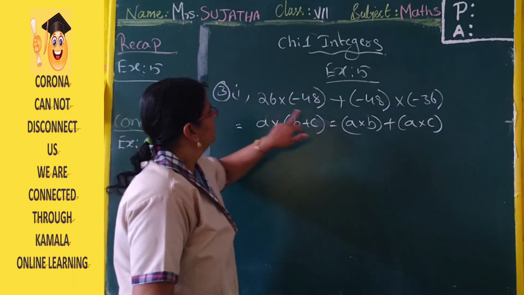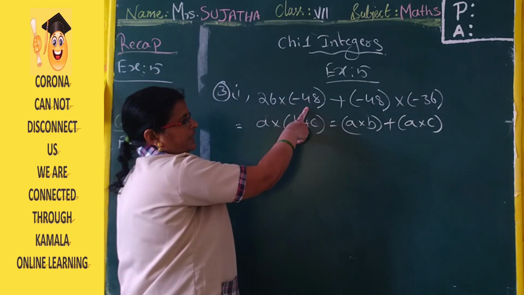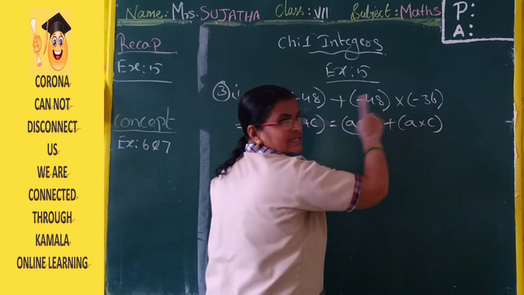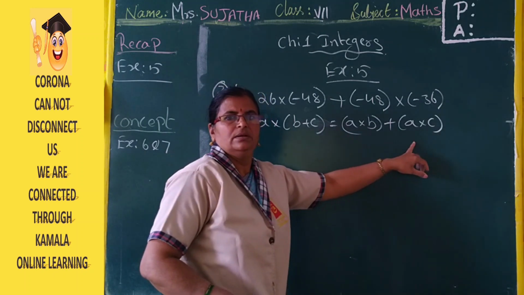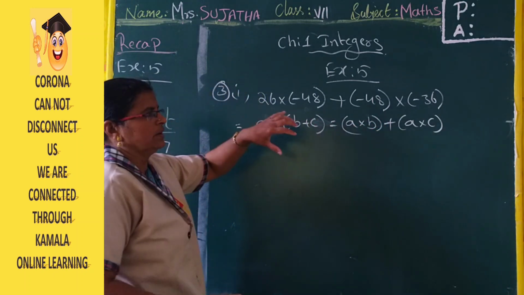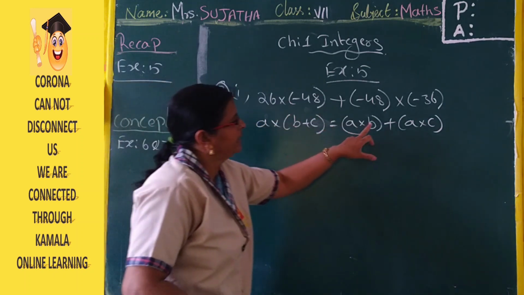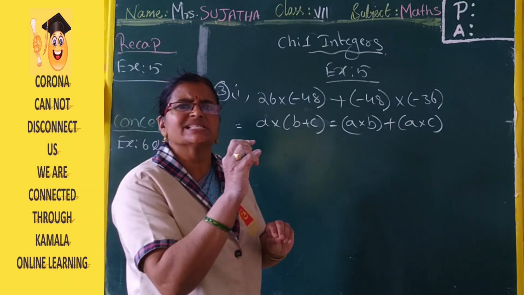So here you will see 26 into minus 48, again minus 48 into 36. Which value is equal here? The A value is equal. So what is the A value? Minus 48. A into B, A into C. Which alphabet is common in these two?